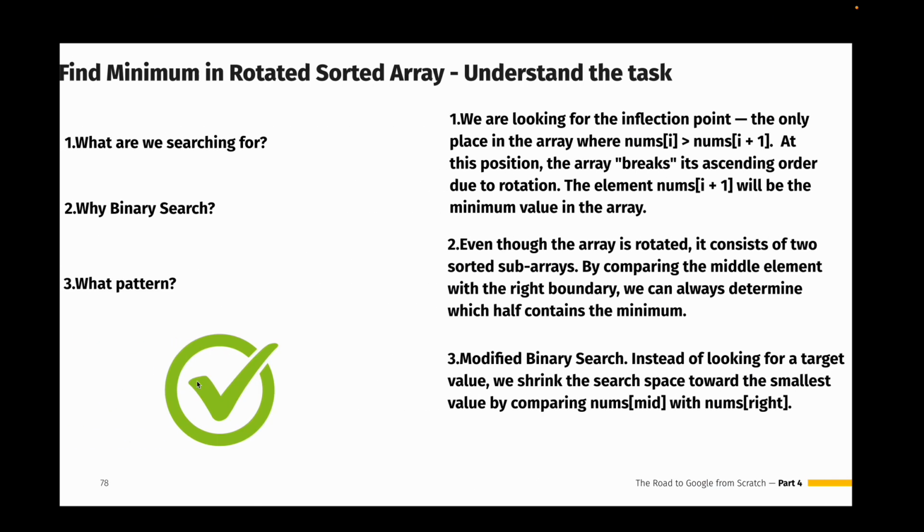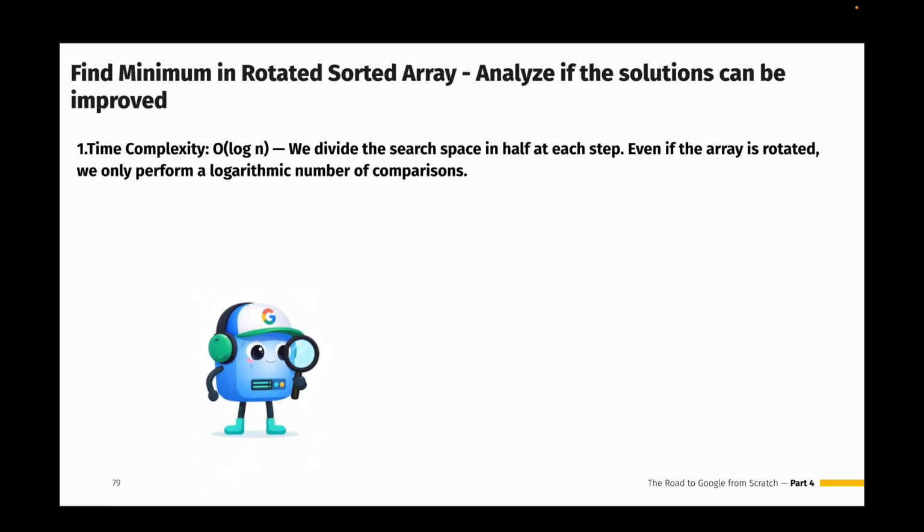Now let's go back. So now let's analyze our algorithm, our solution. The time complexity is O(log n), as it was required in the condition. We divide the search space in half at each step, so even in the worst case we only perform a logarithmic number of comparisons.